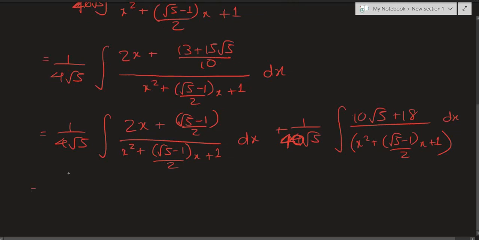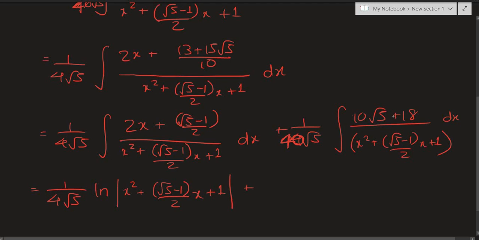So now we successfully duplicated the derivative of the denominator in the numerator. So we can use the natural log formula. So 1 over 4 root 5 times the natural log of absolute value of x squared plus root 5 minus 1 divided by 2x plus 1 plus, well, this is a constant, right?